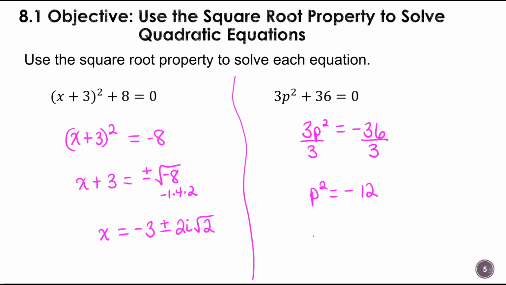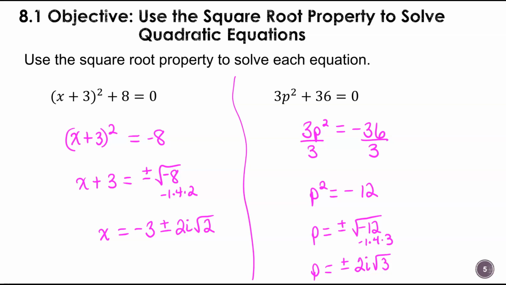So p equals plus or minus the square root of -12, and -12 is -1 times 4 times 3. So this becomes plus or minus 2i radical 3. All right, and that's it for that part.